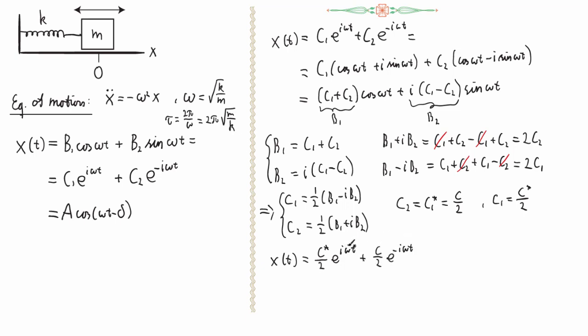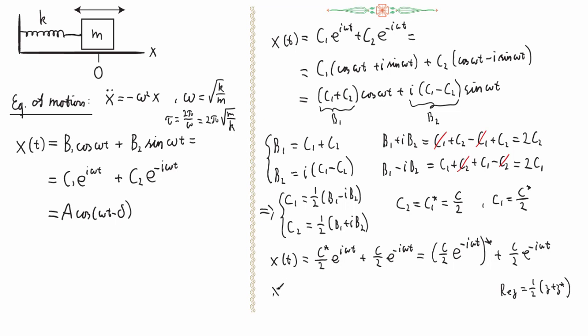Now we note that the complex conjugate of e to the I omega t is e to the minus I omega t, so we can rewrite this as... now recall that the real part of z can be written as 1/2 z plus z conjugate. And that's pretty much exactly what we've done here.